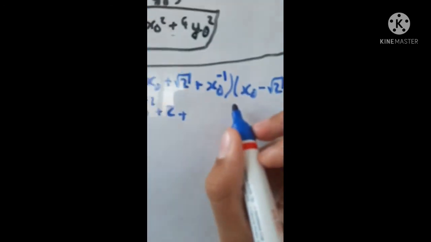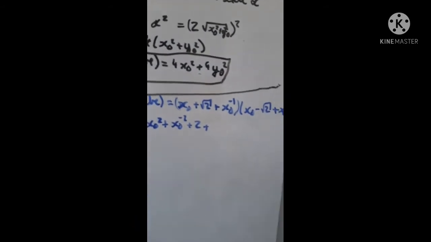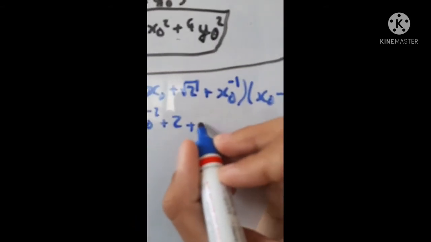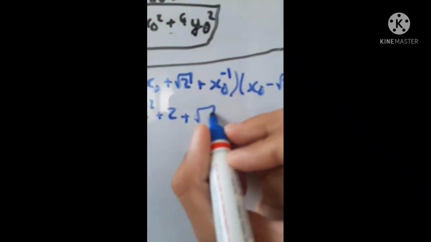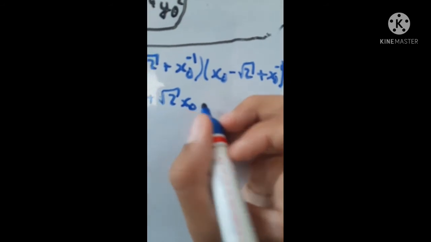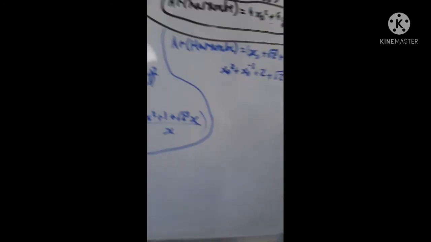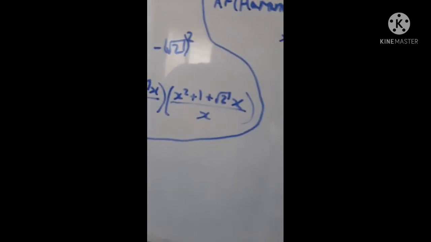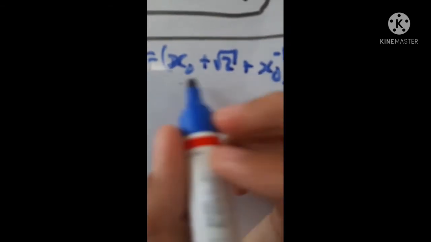Root 2 x naught. Any terms from the middle one, I think they cancel out. We'll check. Okay, you know what, this is confusing. I want to go term by term. Yeah, this looks pretty bad.